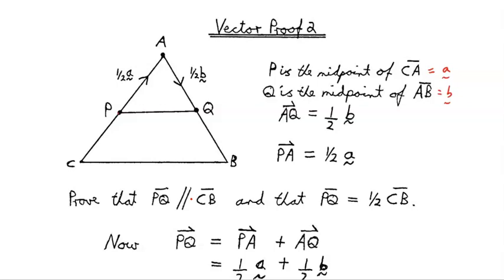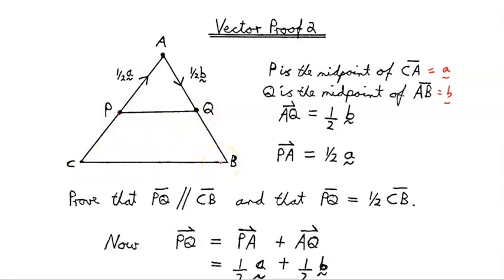So this line here, we want to prove is parallel to this one, and that PQ is a half CB. So this length here will be a half of that.